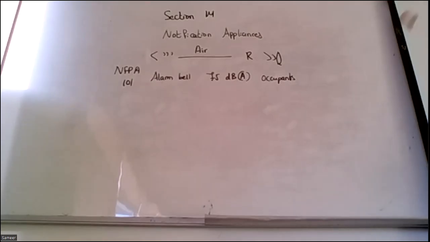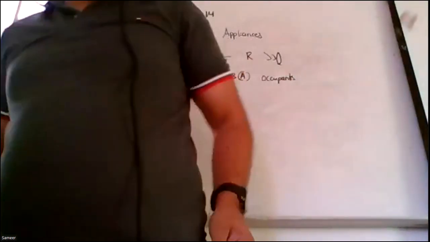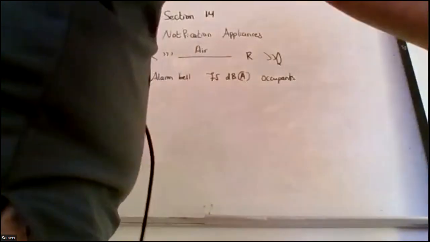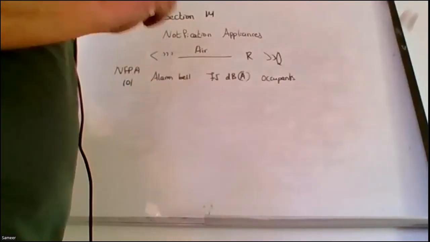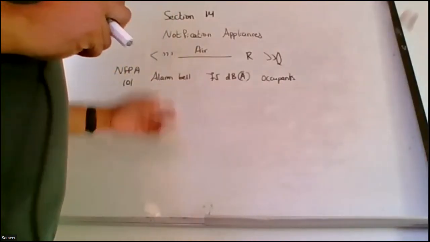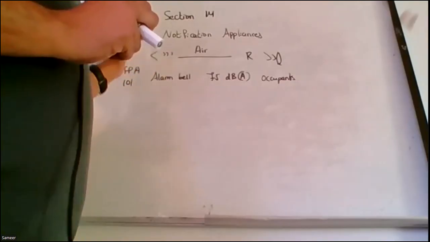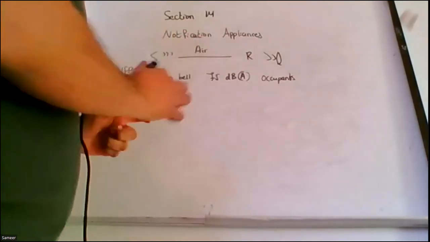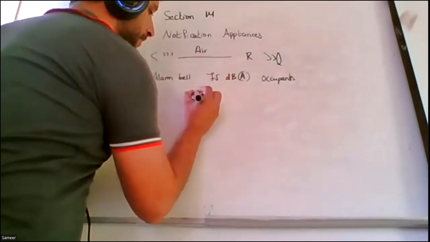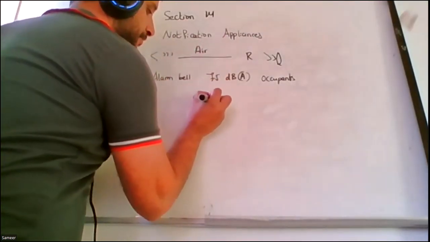That is why A means the noise level is kept in consideration with human ear sensitivity. 75 dBA should be the noise level for the occupants to provide any type of notification. Whenever noise travels through air as a medium, there are obstructions. These obstructions can be defined into two types.